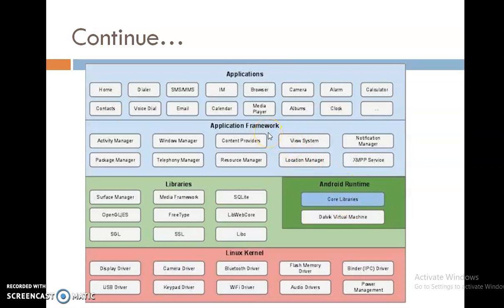The application framework layer contains the various application managers, which contain the classes of Java. And the topmost layer is the application itself, like contact application, SMS, camera, calendar, clock, alarm, the various applications on devices.